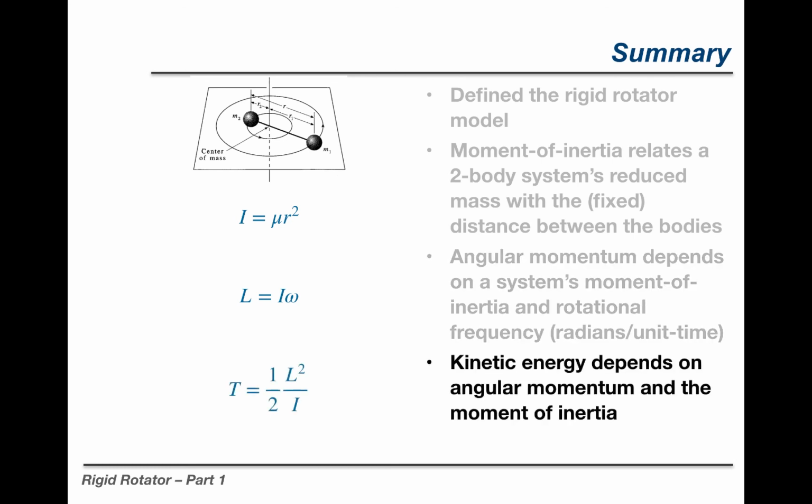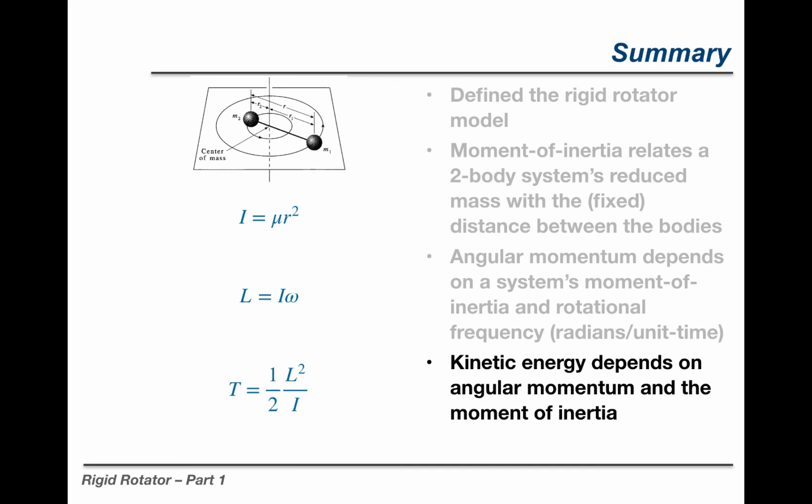And then lastly, we used the moment of inertia and the angular momentum, which give us good basic ways to think about the motion of an effective one-body system that describes our real two-body system with fixed distance and fixed center of mass, to write down a kinetic energy in terms of angular momentum and moment of inertia.